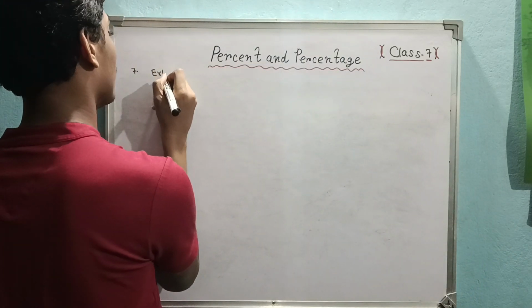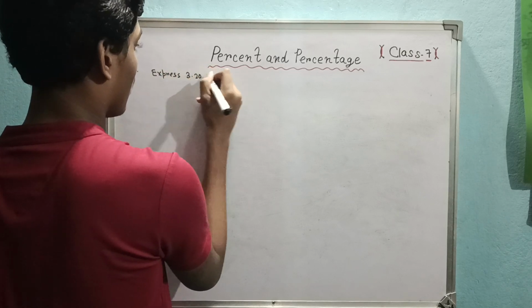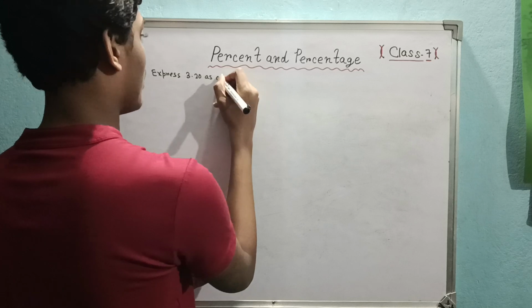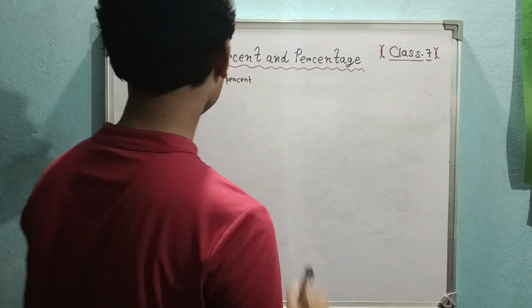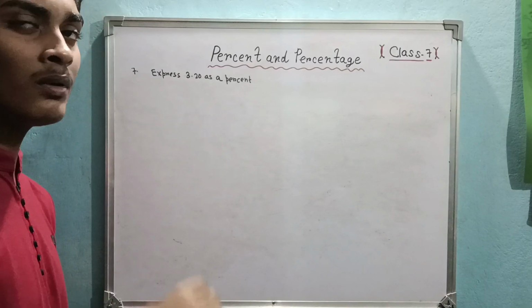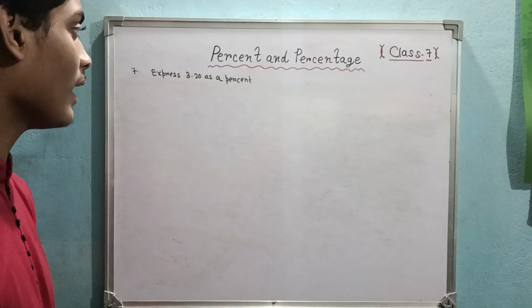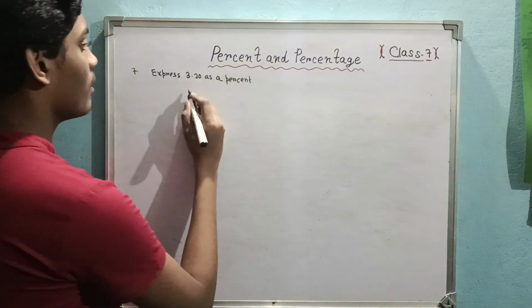3.20 as a percent. Actually guys, what do I say? All the questions of this chapter are actually like this. You can't get harder. It is just like this only. All the same standard in all questions.